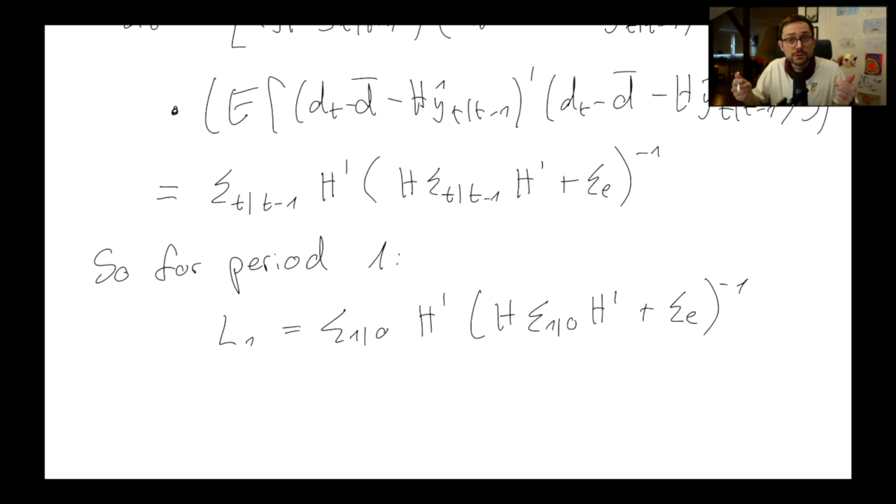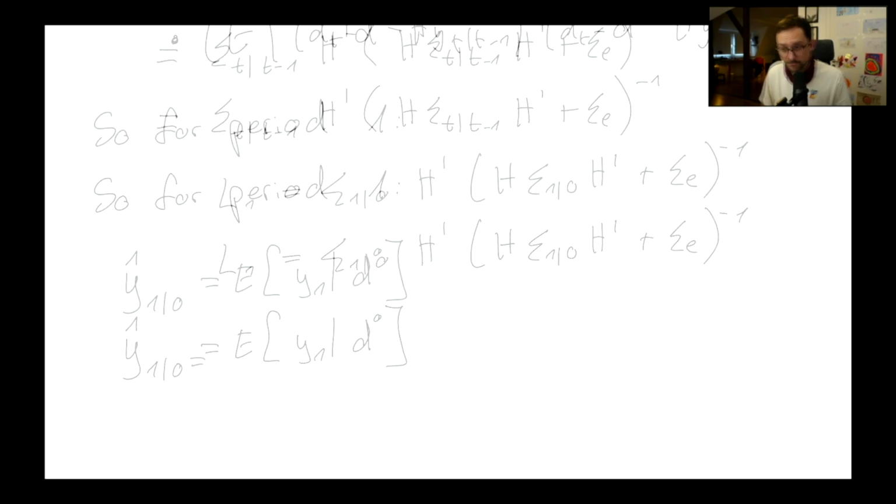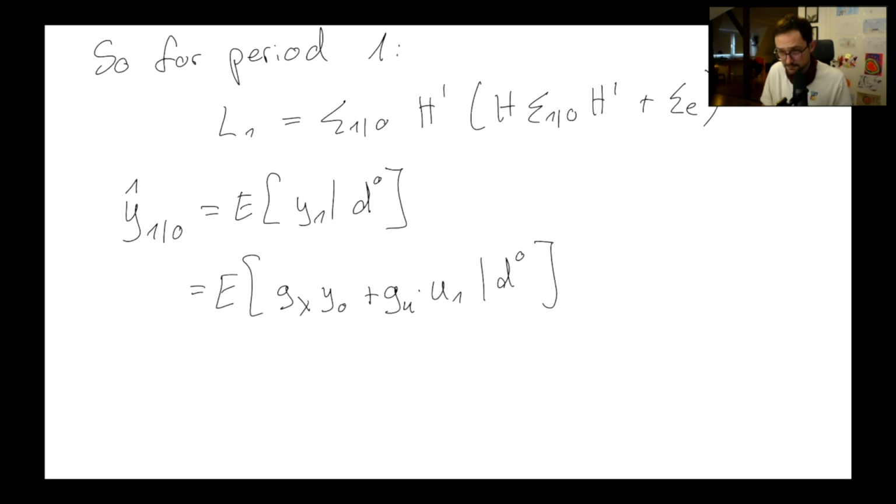Now let's do the state forecast. So given our best forecast for the state today at time 0, our best forecast for tomorrow's state, y1, what will that be? So y hat given 0, that is, again, remember the conditional expectation of y1 given d up to 0, will be equal, plug in the equation for that.